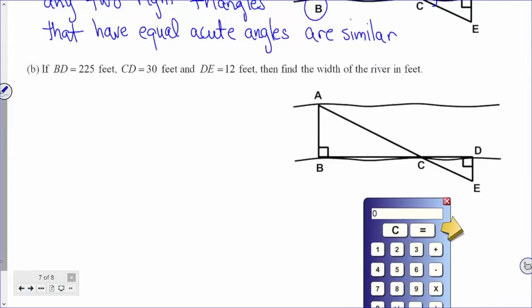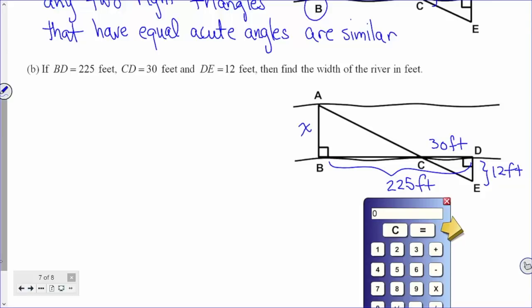So now we're told, okay, BD is 225 feet. We know that CD is 30 feet, and we know that DE is 12 feet, and we want to find the width of the river. That's AB.